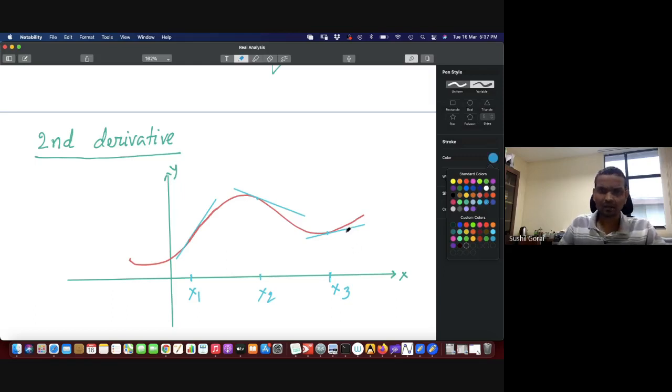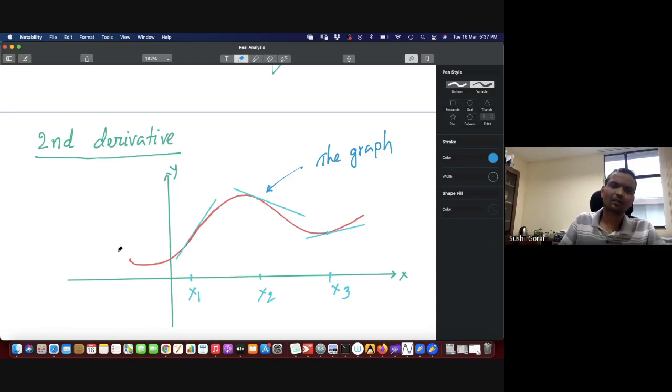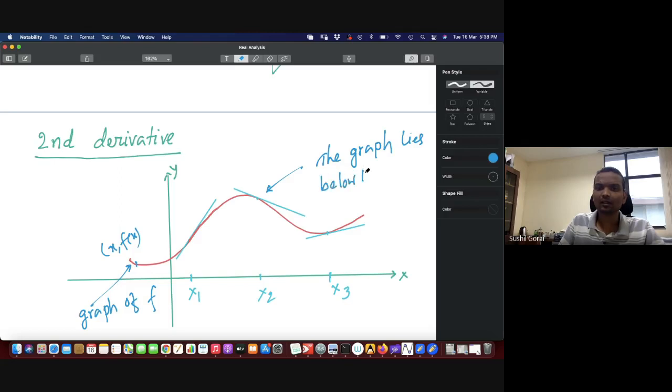Here at this point, the graph, so this is all points (x, f(x)), the graph of f, lies below the tangent line, right here.